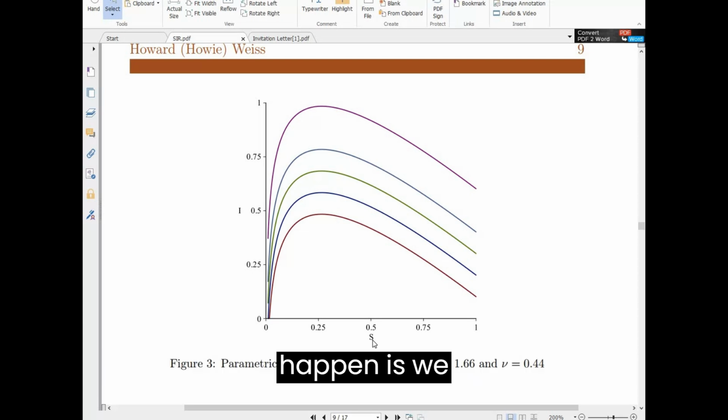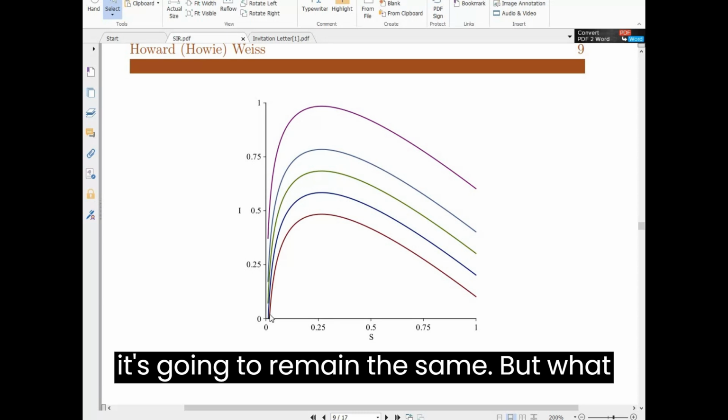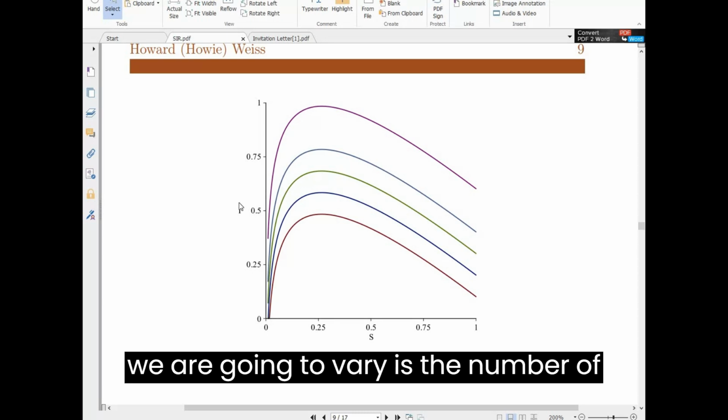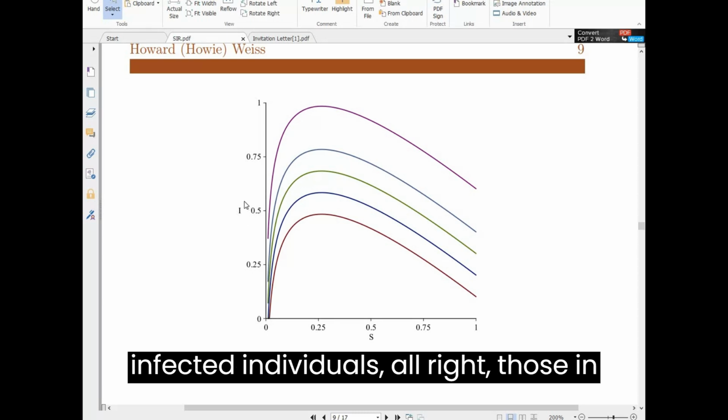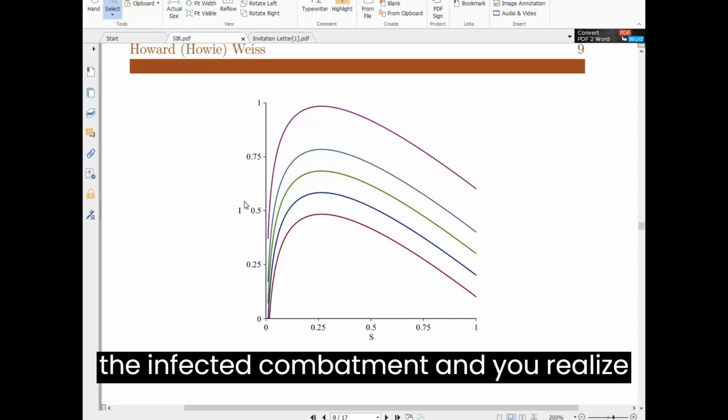But what we are going to vary is the number of infected individuals, those in the infected compartment.